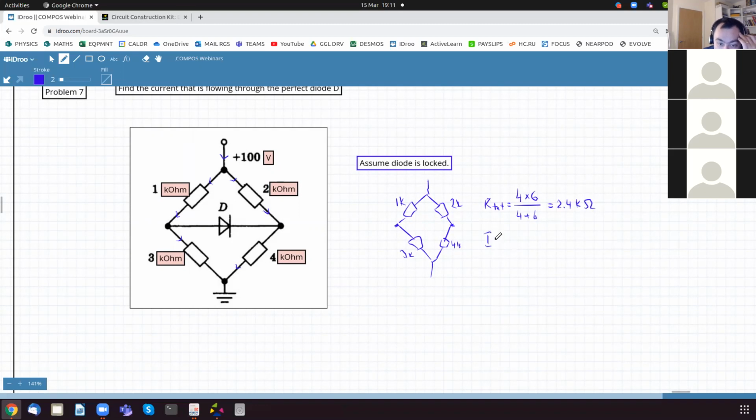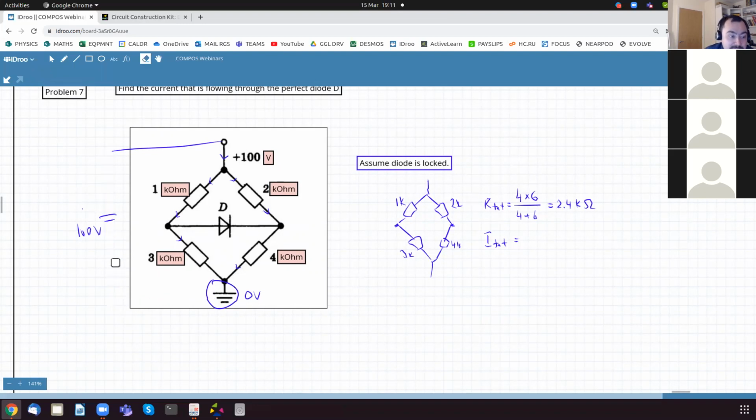And the total current is EMF, which is 100 volts. Yes, so on a diagram, this means the ground. The ground means it is 0 volts. And that means that the potential difference between top and bottom is 100 volts. So this circuit is equivalent to having a 100-volt battery here.